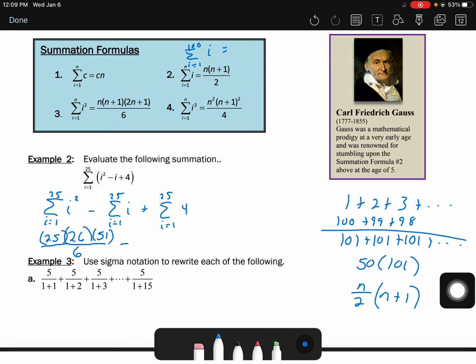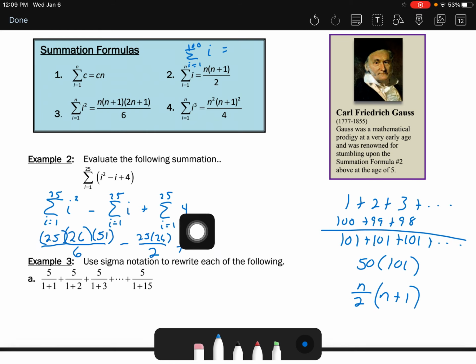And then I'm going to subtract, and the next formula is this one that's just i, which I kind of explained here. So if we're going 0 to 25 on that one, using this formula, we would have 25 times 26 divided by 2, and then I would add to that.